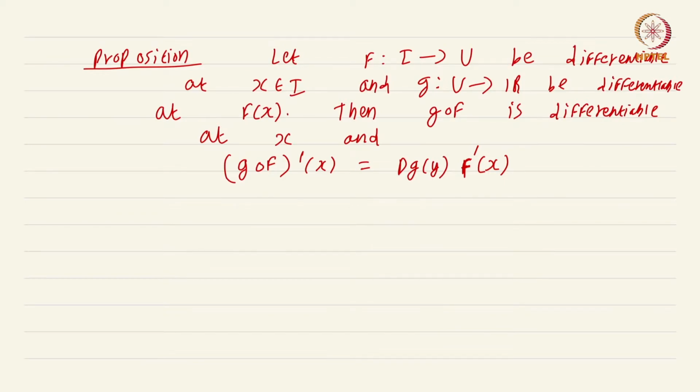Okay, dg(y) is a linear functional, so it eats up a vector and spits out a scalar. This same expression can be written as the gradient of g at y dot product f'(x). So let me bold the dot. Okay, so this is one version of the chain rule.